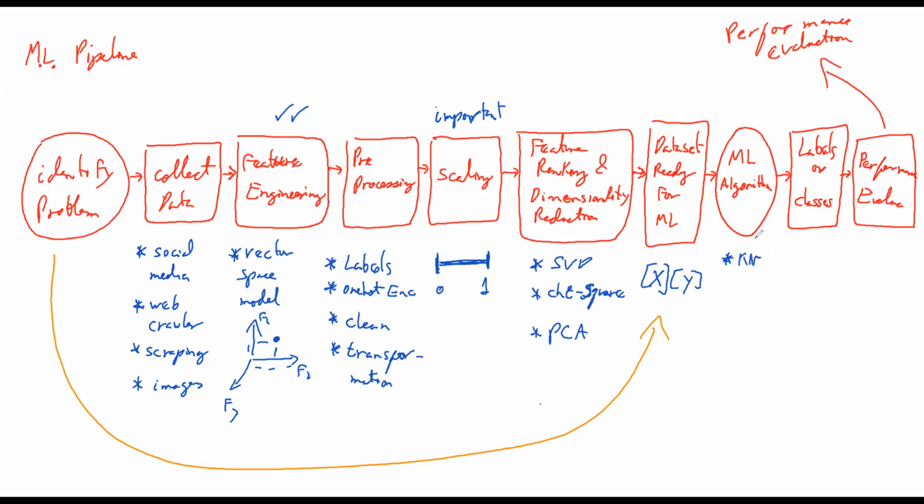My space here is becoming smaller. We'll start with KNN, which you've heard me mention many times. It's called the K nearest neighbor algorithm. I'll start with this one because I think it's the easiest to understand, the most intuitive.